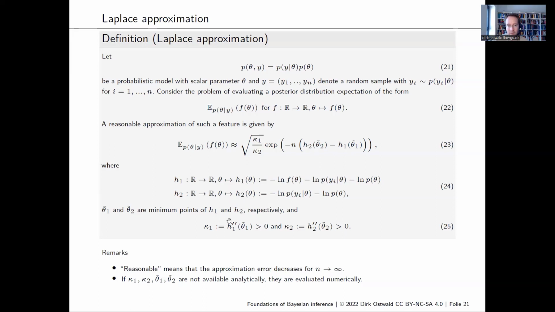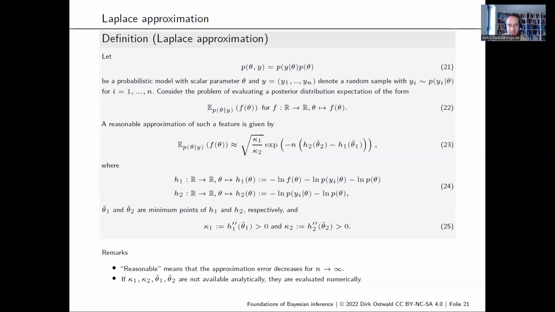And these kappa values that are written down here are the second derivatives of h1 and h2, again at these minimum points. These functions we can write down in terms of our probabilistic model. Finding the minima might again be hard, and finding the second derivative at the minimum points might also be hard, but this can be done numerically.